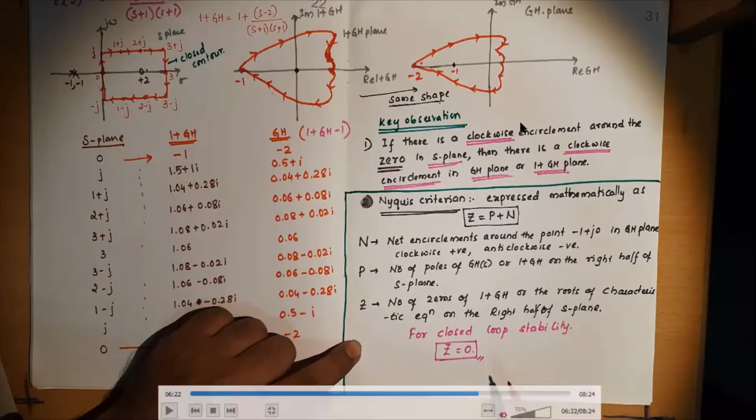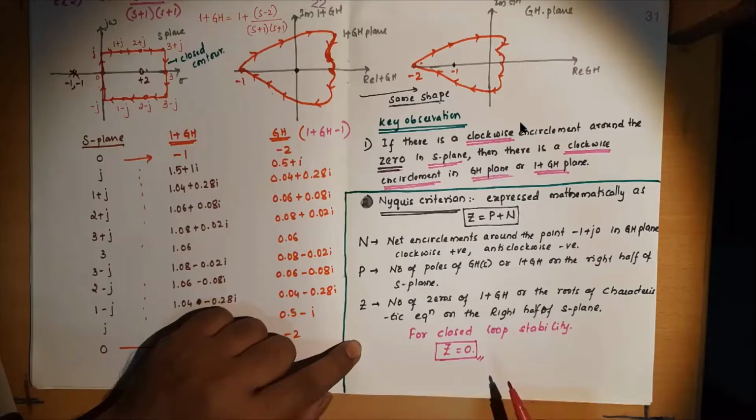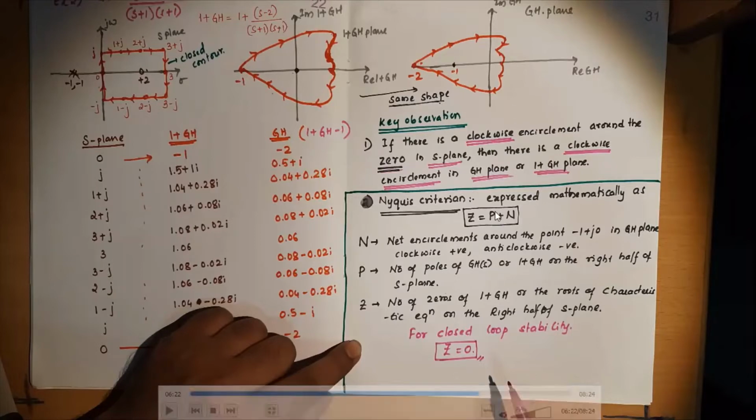Who asked me the doubt? Yes, sir. There shouldn't be any right half pole for the system to be stable. So what Nyquist has told us: you find the number of right half open loop poles. You get the information of only the open loop system.